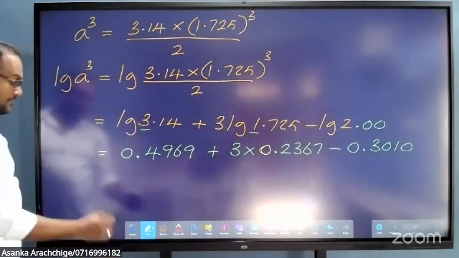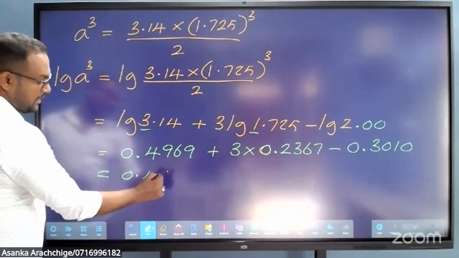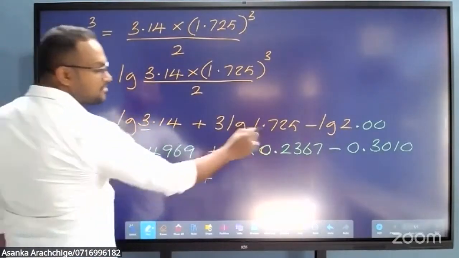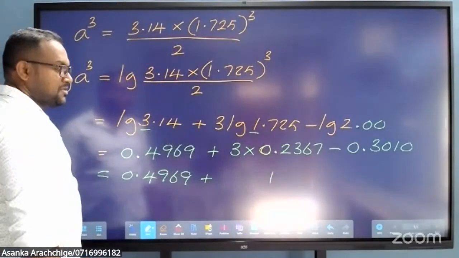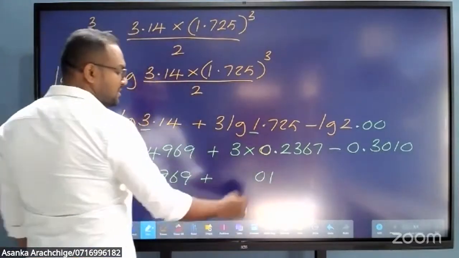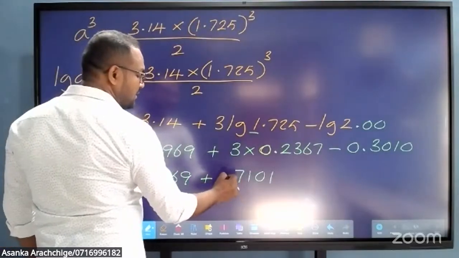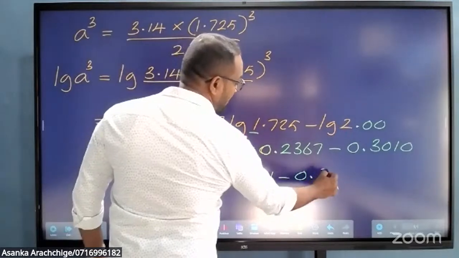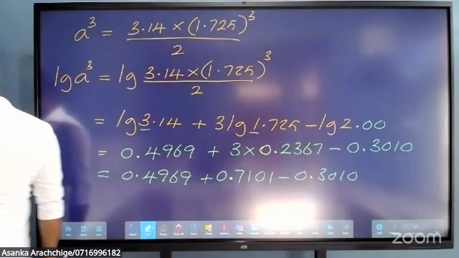Now simplify further. 0.4969 addition 3 times 0.2367 minus 0.3010. Copy down up to this.